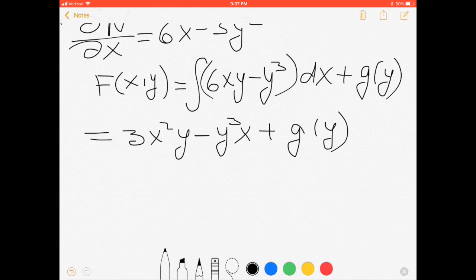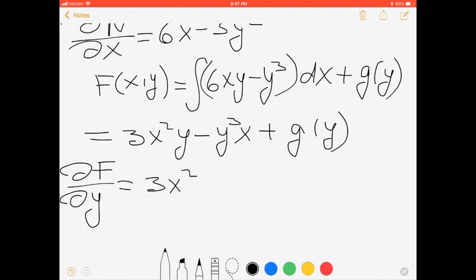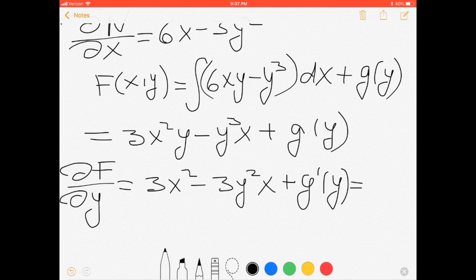Now we need to find the derivative of this function with respect to y. It will be df dy, which is 3x squared minus 3y squared x plus g prime of y, and it needs to be equal to our function N. As you remember, our function N is, I write in a different color so we don't mix up, 4y plus 3x squared minus 3x y squared. If you look at this equation, what do we have now?